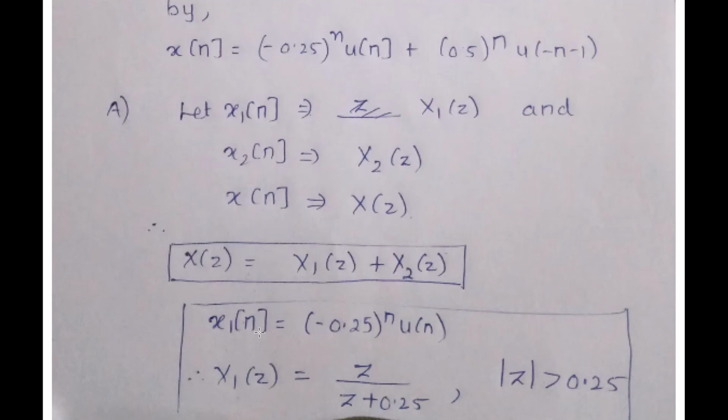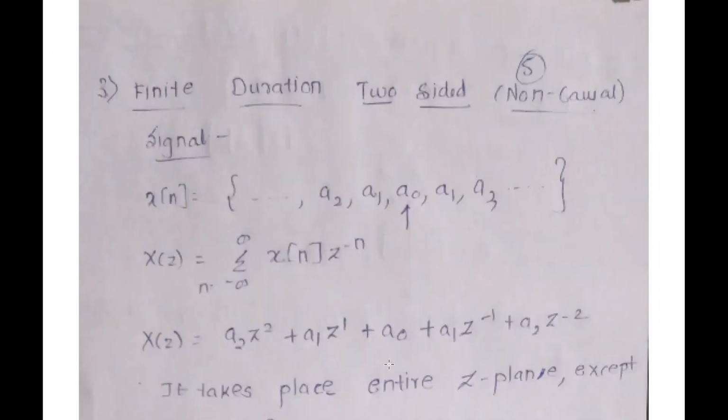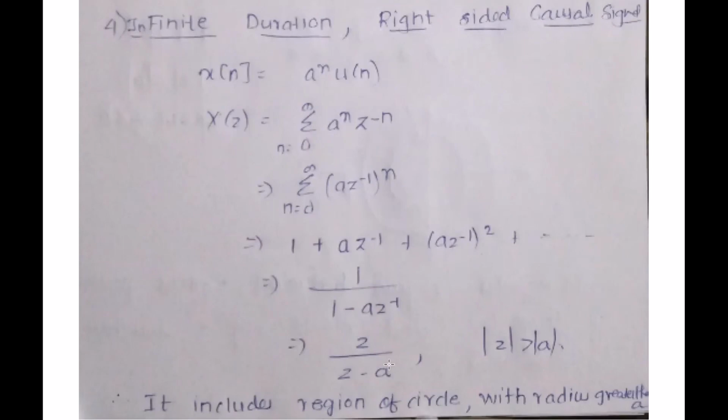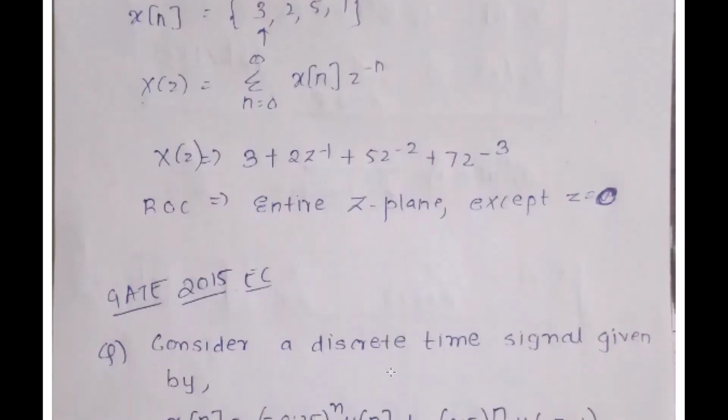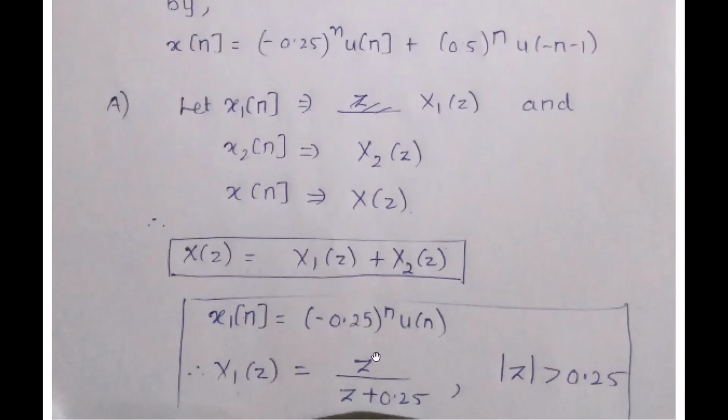The x1 of n is given as a raised to n u of n. Therefore, if you remember, the value of a raised to n u of n is given as z upon z minus a. Therefore, it is z upon z minus of minus 0.25, that is z upon z plus 0.25.